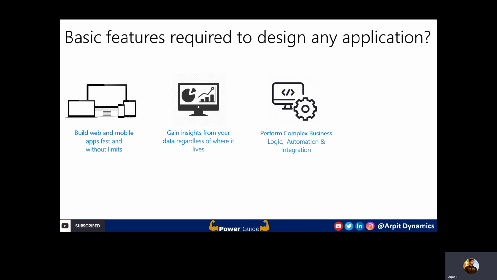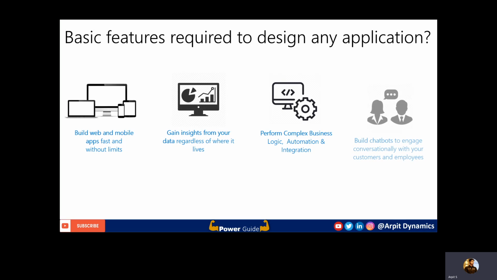Apart from social media, a lot of applications are expected to be integrated with other applications as well, so that they can get a 360-degree view of the customer. So that is the most important thing: you need to perform complex business logic, automations, and integrations.